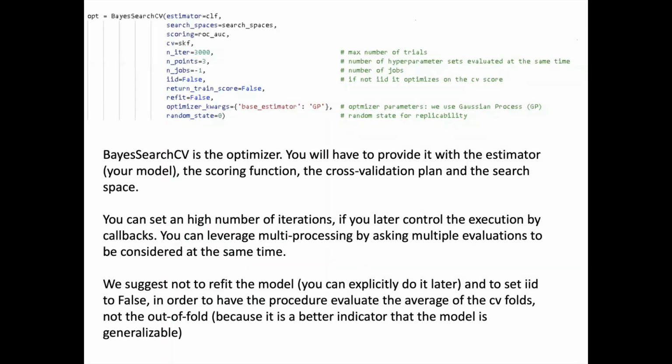So we strongly suggest that. Since we are doing everything by a wrapper and we want in the end to retrain on all the data ourselves, and not let the algorithms do so, we just put refit is false. This also will save time for our Bayesian search.